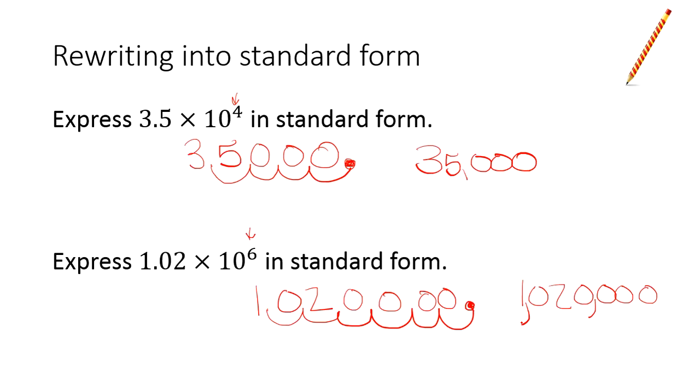So I got 1,020,000. That would be the standard form of 1.02 times 10 to the 6th. Now you can kind of see why it would be a lot easier to work with the standard form rather than that, because you have to count the zeros and make sure you type them in correctly.